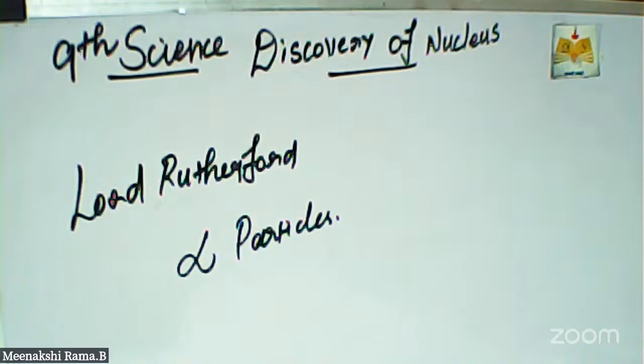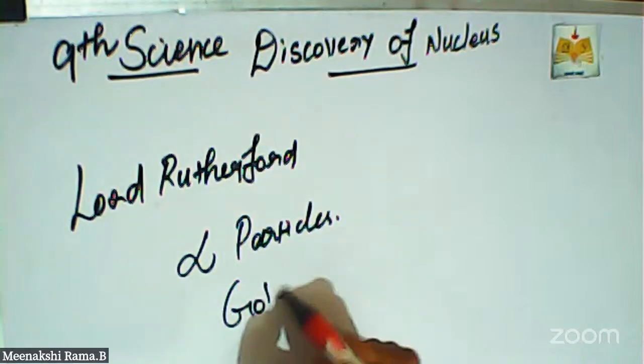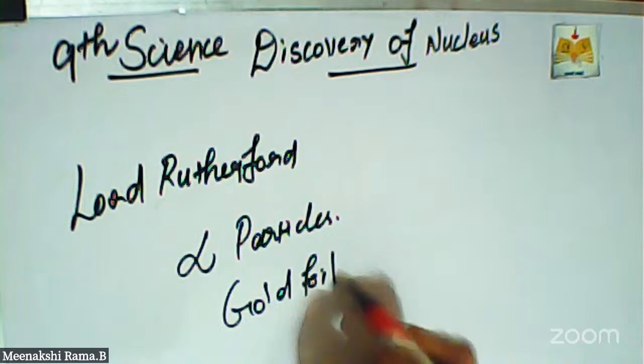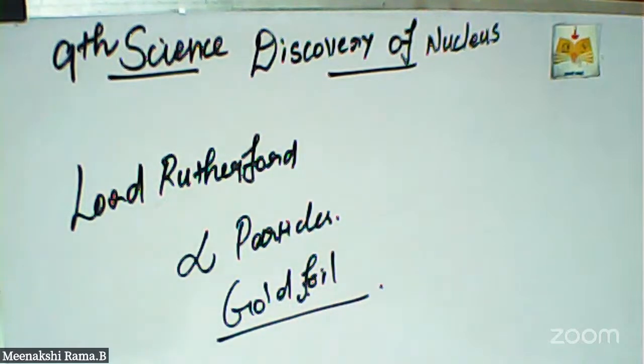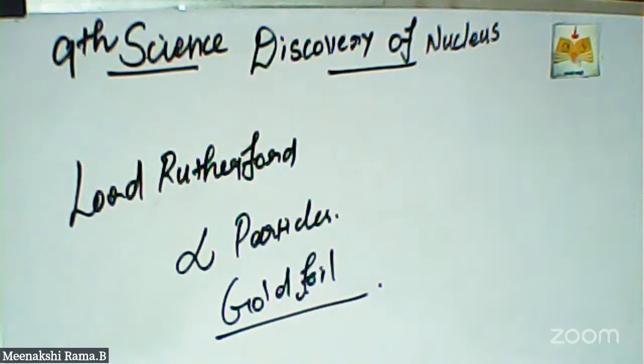So Lord Rutherford, the scientist from New Zealand, did a famous experiment of bombarding alpha particles using gold foil. So gold foil is the equipment for the experiment.